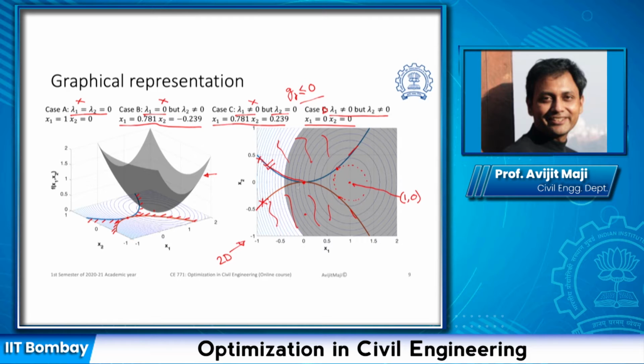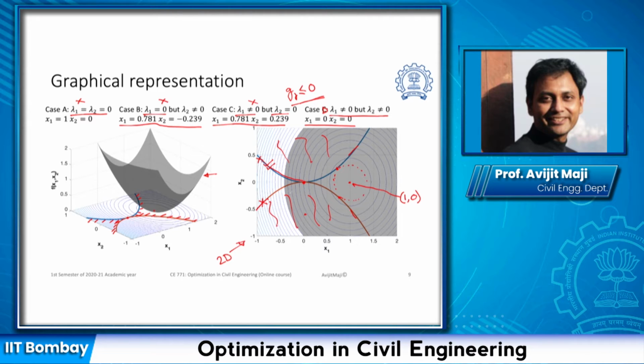So this solution is a feasible solution, because if we look at the constraint requirement, we'll see that both constraints are met. However, it is the only point, and at this particular point we cannot say whether it is the maximum or the minimum, because in this case maxima is equal to minima.